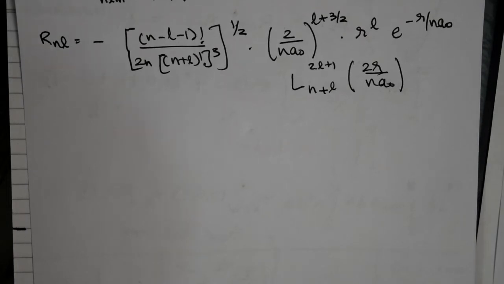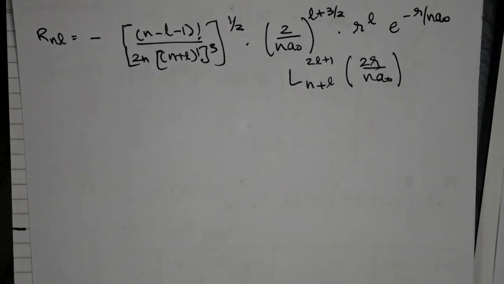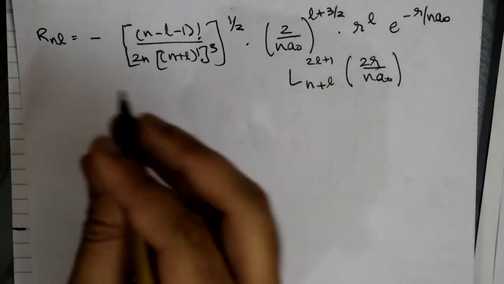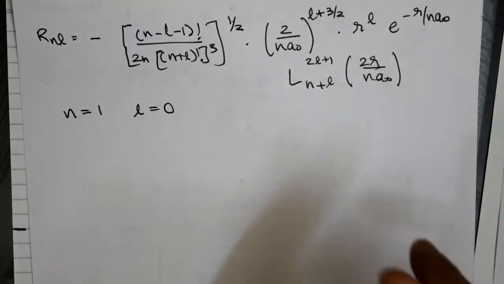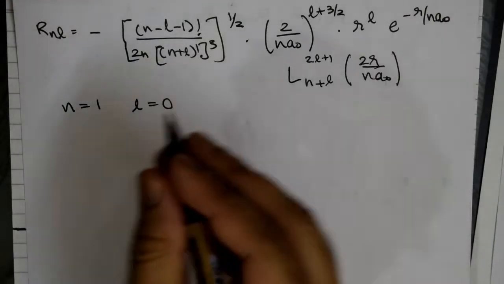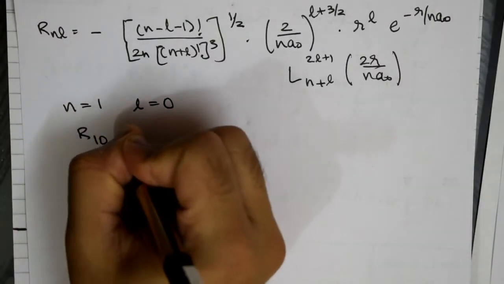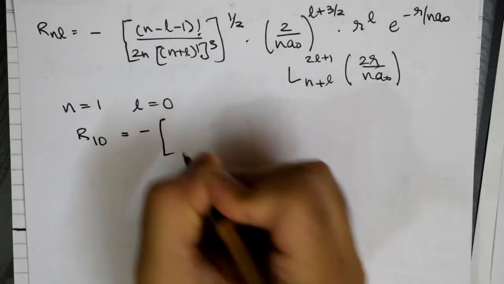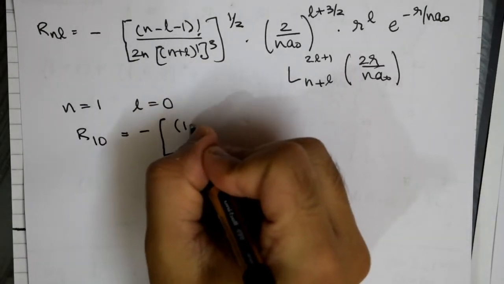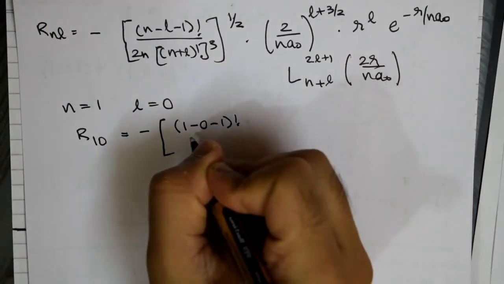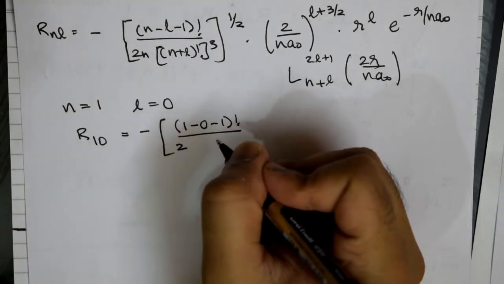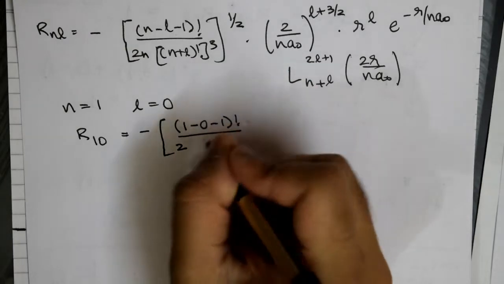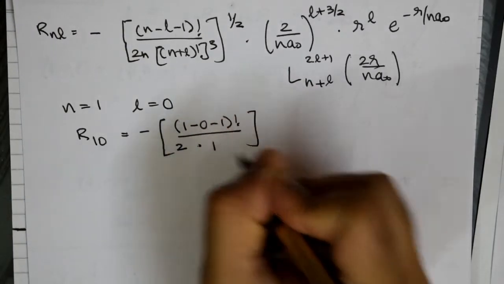Okay, now that we have seen it, let's continue ahead and apply it for the first value, meaning n equal to 1 and L equal to 0. When you do this, you have R_10, which is equal to minus, you have n as 1, 1 minus 0 minus 1 the whole factorial divided by 2 times n plus L, n is 1, L is 0, therefore 1 power 3, so you have 1 times 1 the whole power 1 by 2.